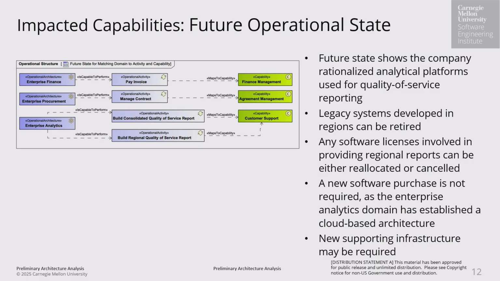It could be ultimately your future state, where you would see that regional analytical capabilities or regional domains are not here anymore. So from this future state perspective, those regional analytical domains got merged into the enterprise analytics, right? Presumably that was done before to the North American analytics.